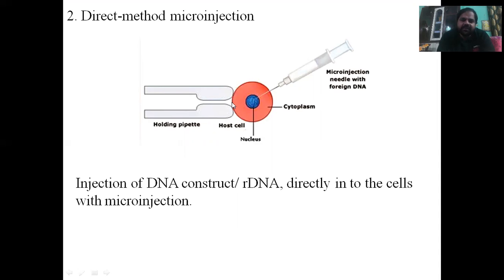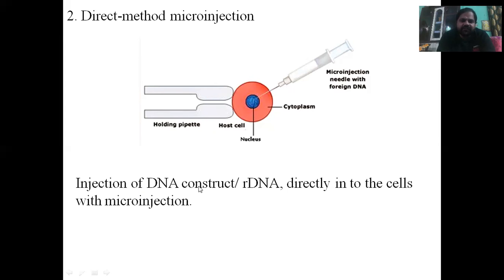By this machine we hold this cell and we insert this microinjection inside the nucleus, and we inject our recombinant DNA directly into the nucleus. But the person who is doing this experiment should be very expert.